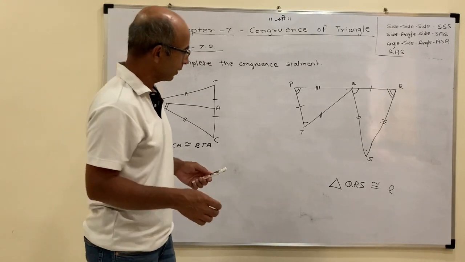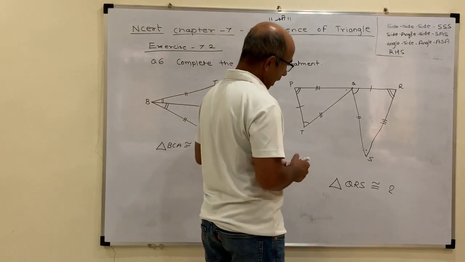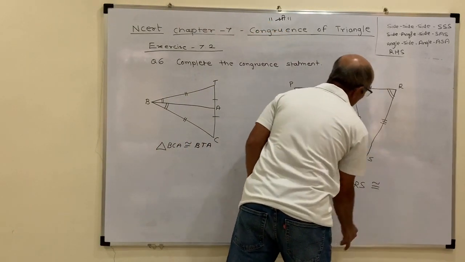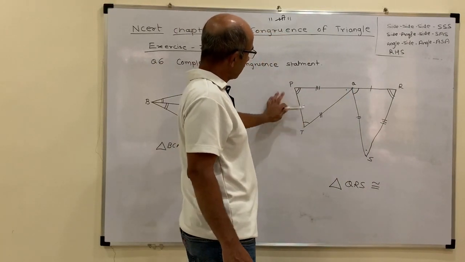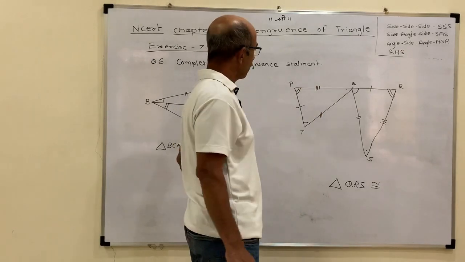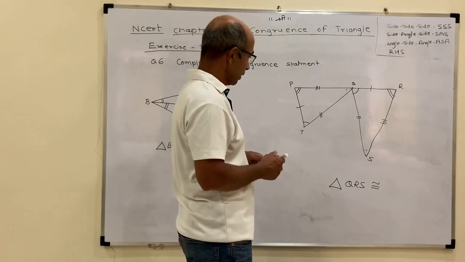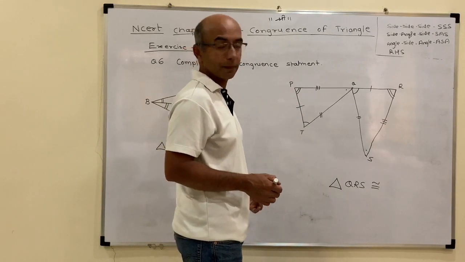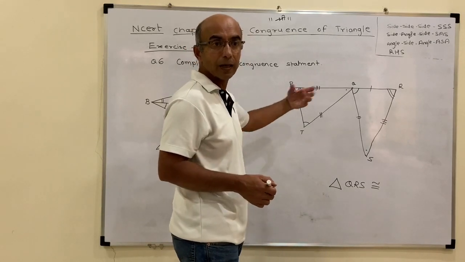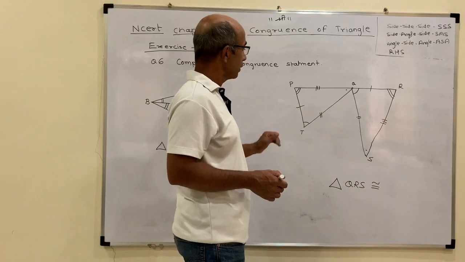And similarly here QRS. Now here they have given me all the information possible. Here the three sides are equal and which angles are equal in those two triangles is given. When the angles are given, our job is far easier, because you just need to write the corresponding angles between the two triangles.